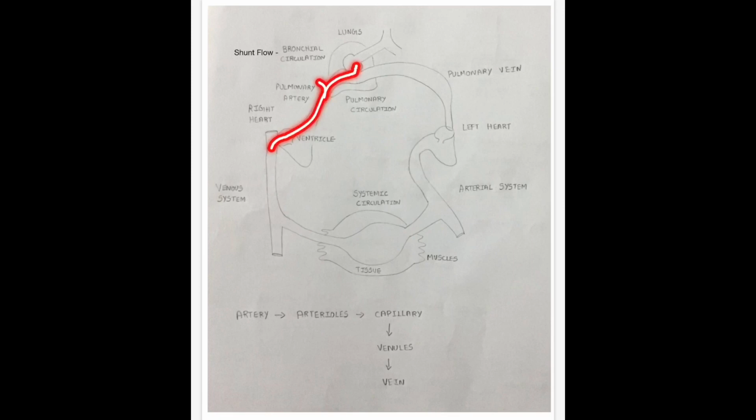Some small quantity goes to the bronchial circulation. What happens in bronchial circulation is a small quantity of the deoxygenated blood goes to the deep structures of the lungs to deliver the blood. So this supply is known as shunt flow.